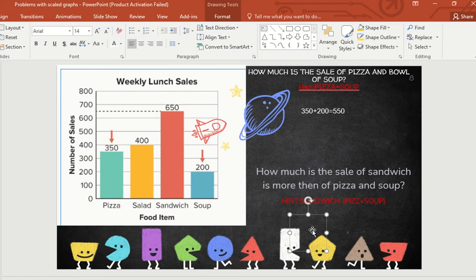How much is this 650? This is sandwich 650, more than 550, which means the sandwich is, let's write 650, and pizza and soup is 550. How much is more? To show this, we will subtract it, and we will write it as 650 minus 550.